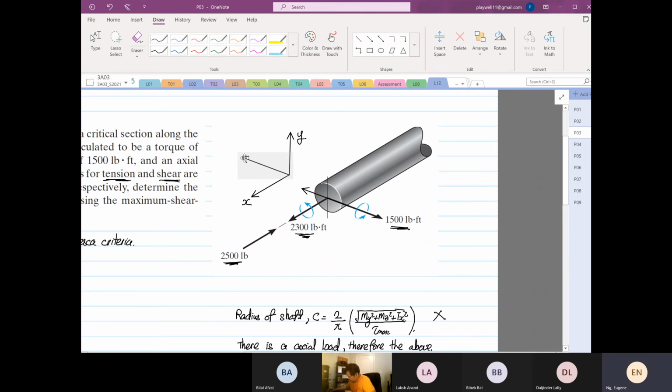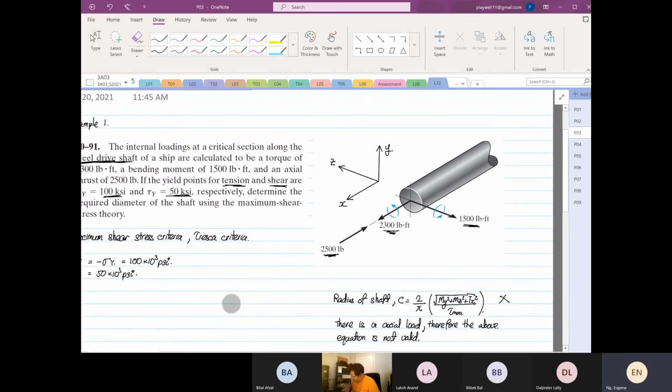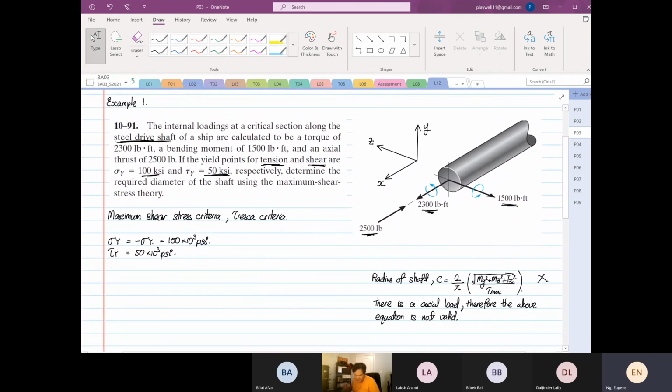And over here, this is our Z direction. Okay, so X, Y, and Z. We can see that, let's look at our load first.